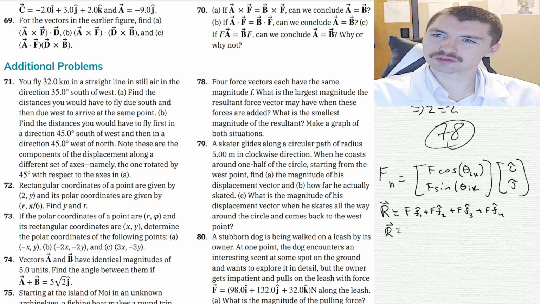So it's going to be 4F. No. Yeah, so it'll be 4F times the sum of these directions. So the largest magnitude is 4F.